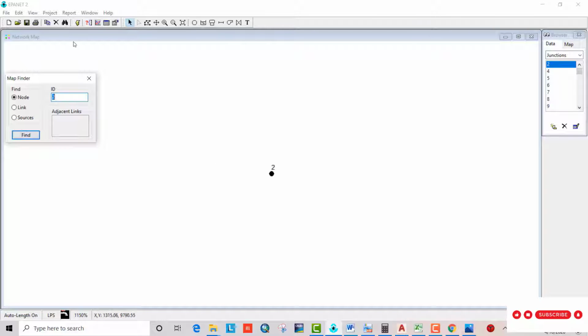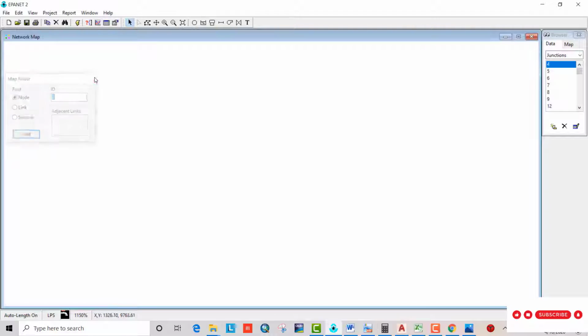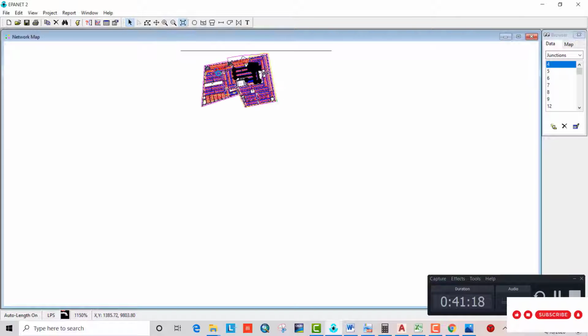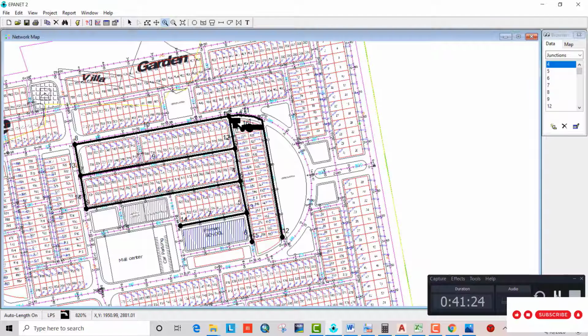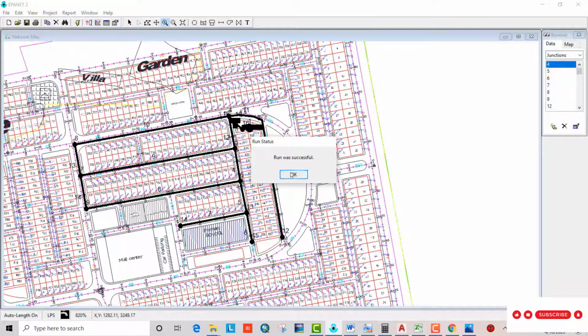Node 2. You see node 2 is also unconnected. We can delete it. Yes. This, zoom. Okay, that's our location. This time let's run. Run was successful. Great.